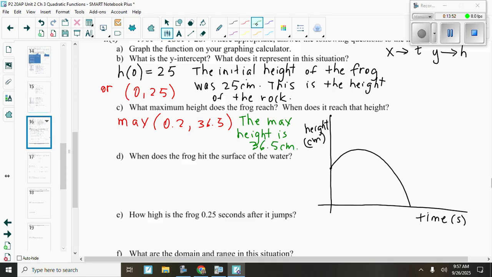And then it says, when does it reach that height? I don't have room here, so I'm just going to pretend my sentence was over here at 0.2 seconds. So notice how both of them have units. We've answered it in the sentence. Or you could say at time 0.2 seconds.